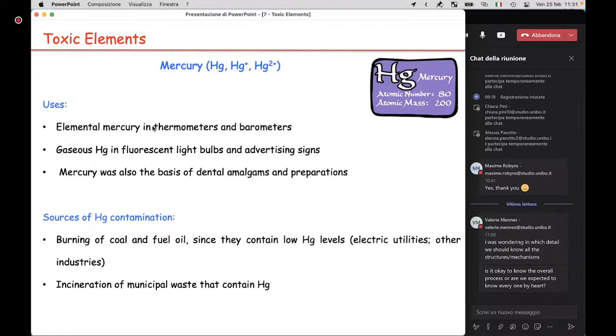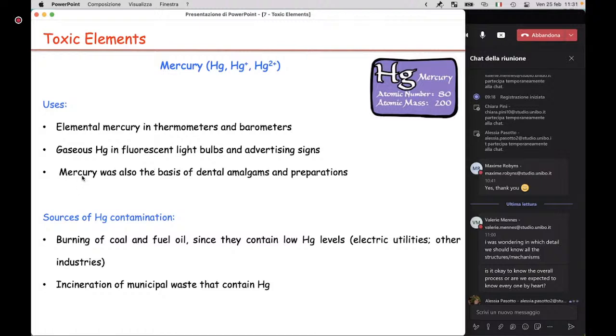Fortunately, it is almost totally absent from LED light bulbs. So in the last years, it is starting to disappear from this kind of use.